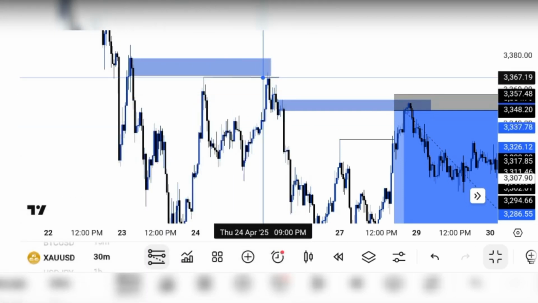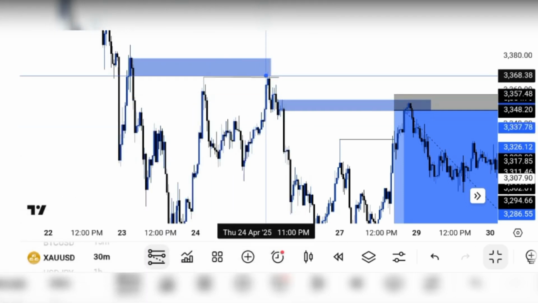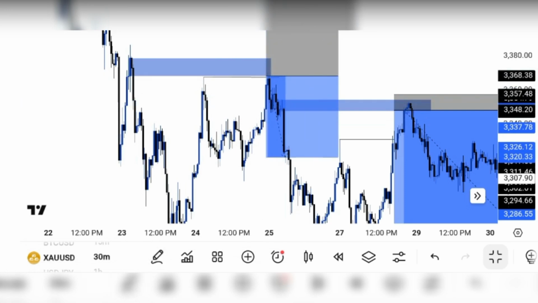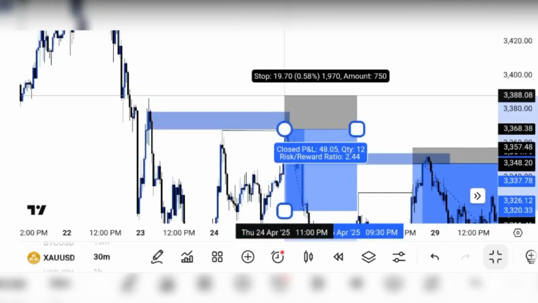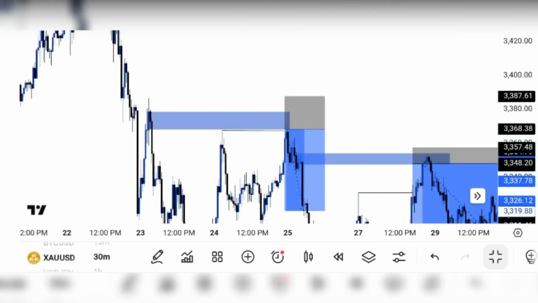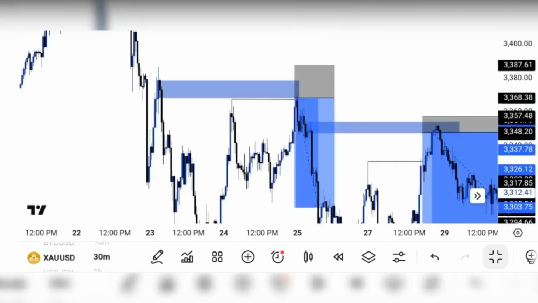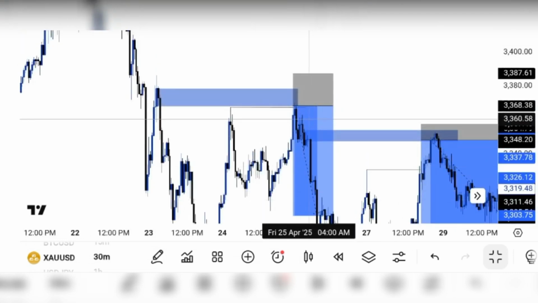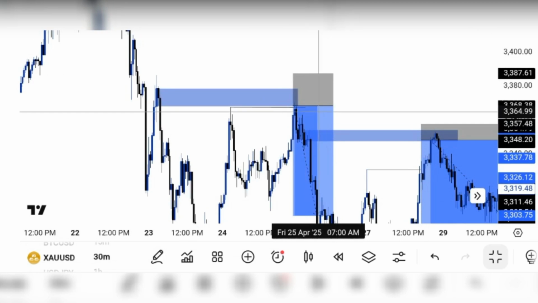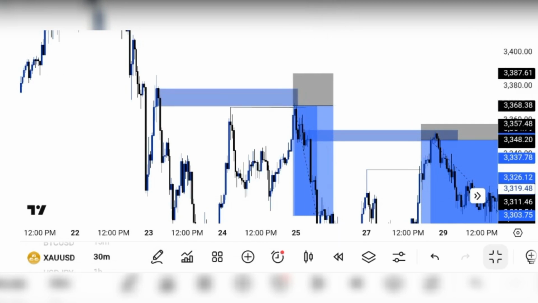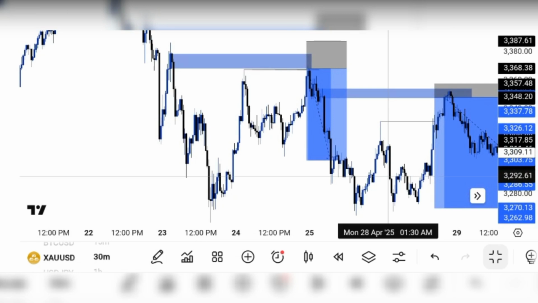Just put your entry directly right there, set your stop loss, then set your take profit. Now you can see the price come back later on, take out the liquidity, mitigate the order block, and then price continues going down.